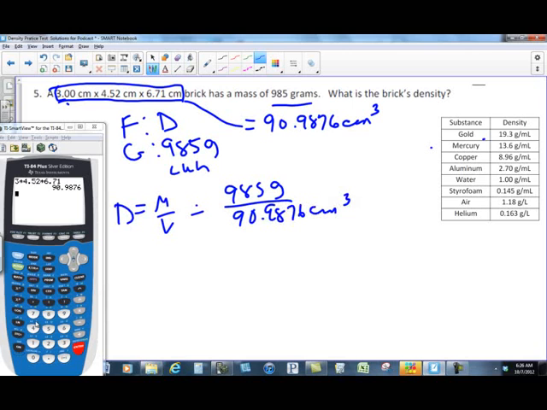If I punch that, 985 divided by, I'm going to hit the up arrow and pick up that number, and I get 10.8. Let me see, 3 sig figs, 3 sig figs, so 10.8 grams per centimeter cubed, right? These units.